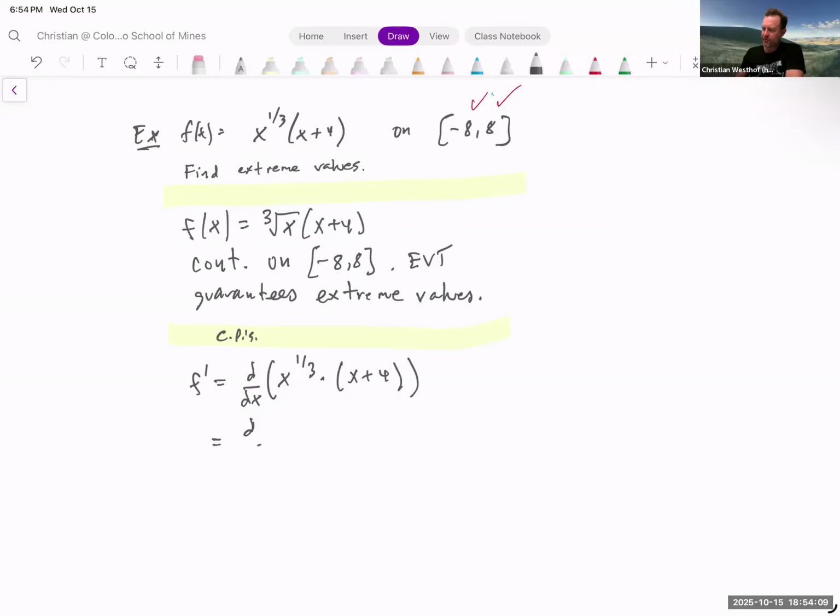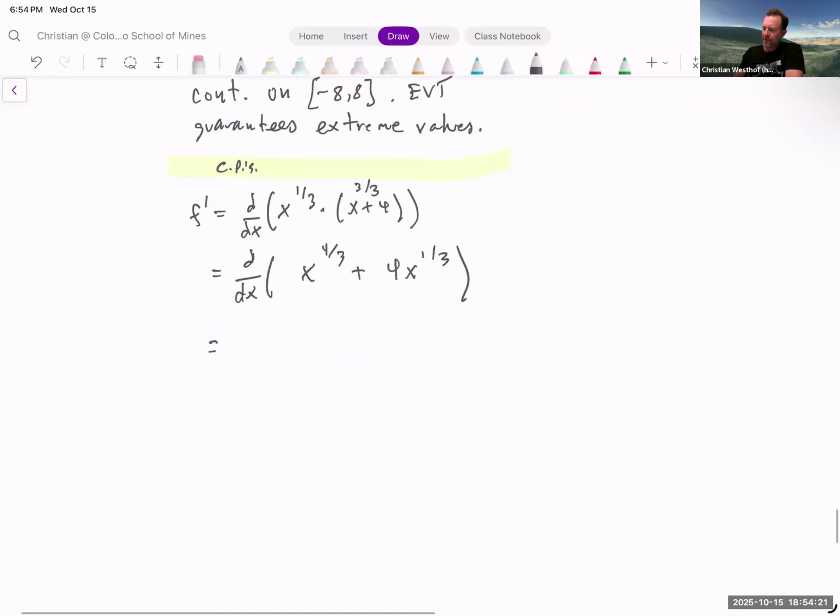If we distribute first to avoid the product rule, that x is to the 3/3, so this is x to the 4/3 plus 4x to the 1/3. Now, when you take the derivative, it's termwise, and the first term becomes 4/3 x to the 1/3, plus 4/3 x to the negative 2/3.